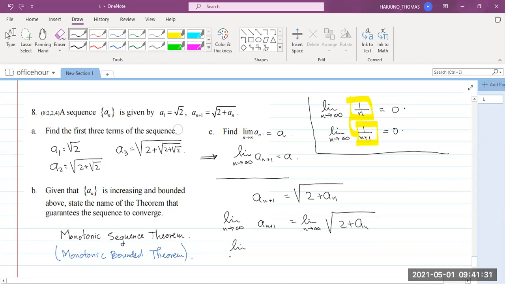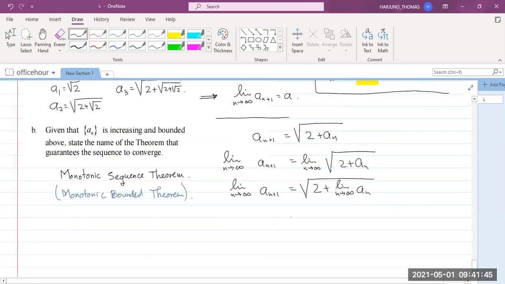So the limit as n goes to infinity of a sub n plus 1 equals the square root of 2 plus the limit as n goes to infinity of a sub n. But according to what we know, the limit is a, both of them a.